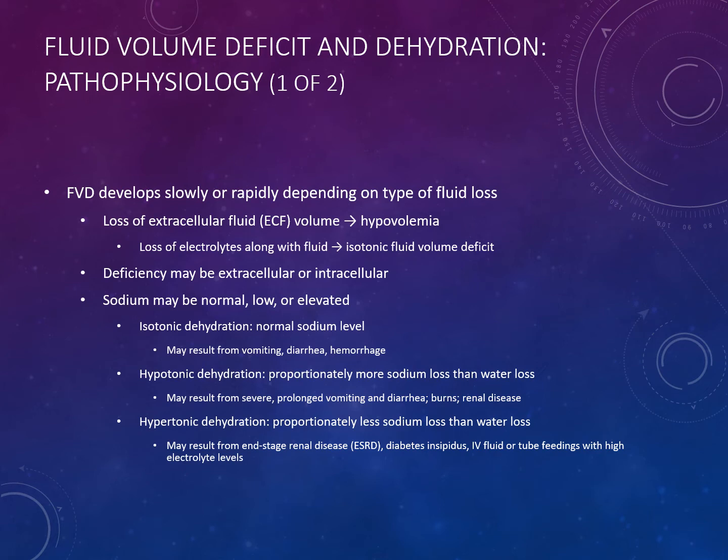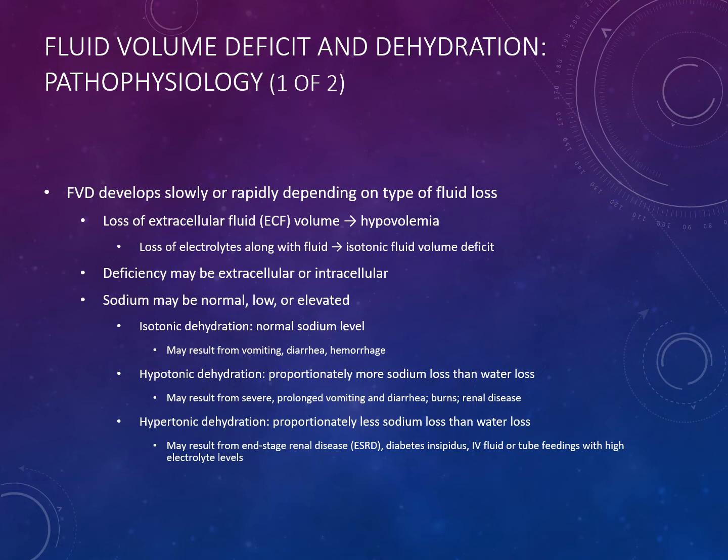And so we have some terms here: isotonic dehydration, hypotonic, and hypertonic. Depending on the causative deficit, sodium may be at a normal, low, or elevated level. So in isotonic, the sodium level is normal, may result from vomiting, diarrhea, or hemorrhage.